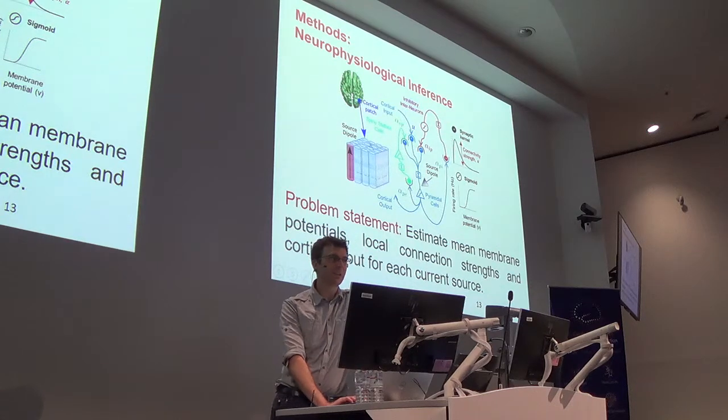We do the beamforming to estimate the source time series at every grid point on the cortical surface, and then we assume that the source time series is linearly proportional to the mean membrane potential of the pyramidal cells of a neural mass model. This neural mass model contains a pyramidal population, spiny stellate cell, and inhibitory population. We assume that for each source there's one of these neural mass models, and it's not connected to any other region.